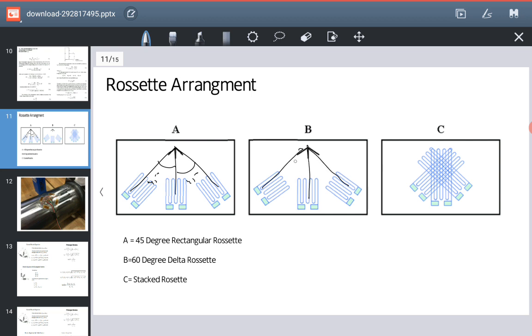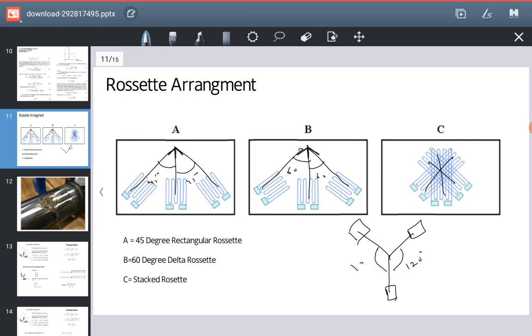This is the stacked arrangement, where each is placed over the other, and we also have the star arrangement, in which the gauges are at 120 degrees to each other.